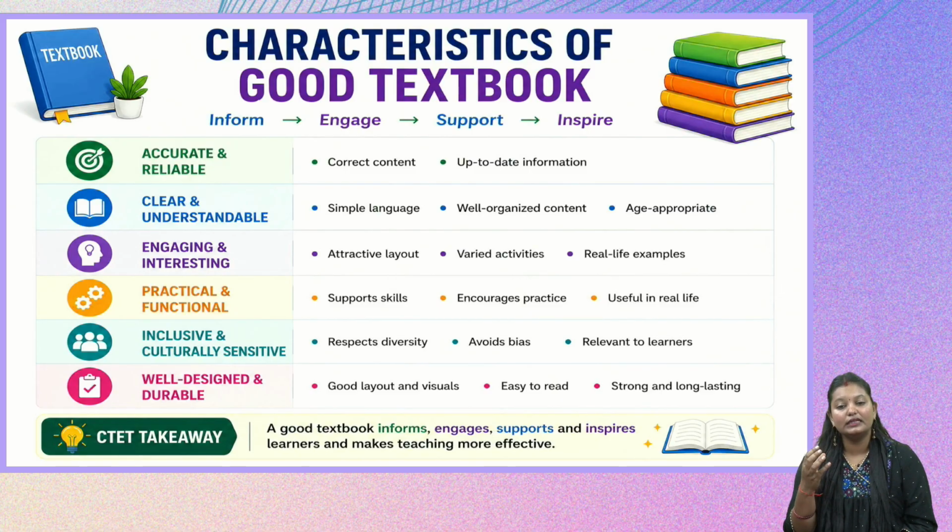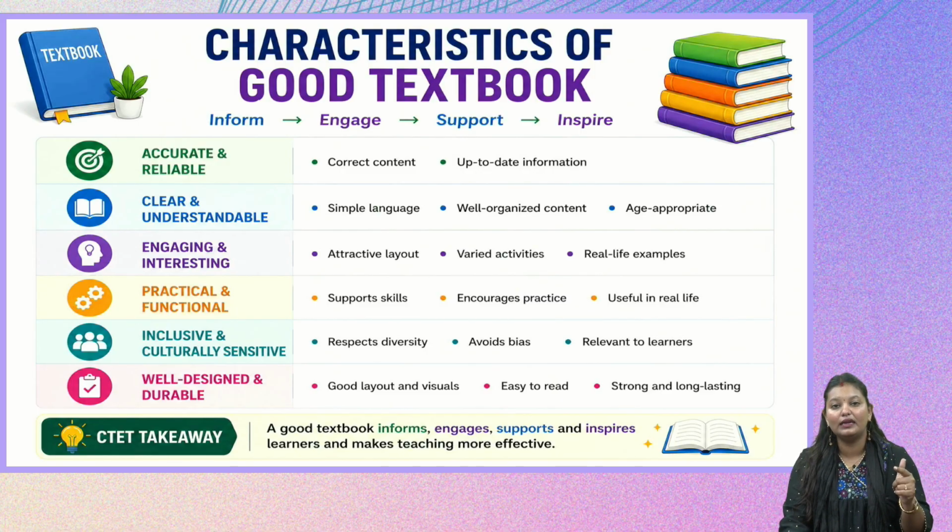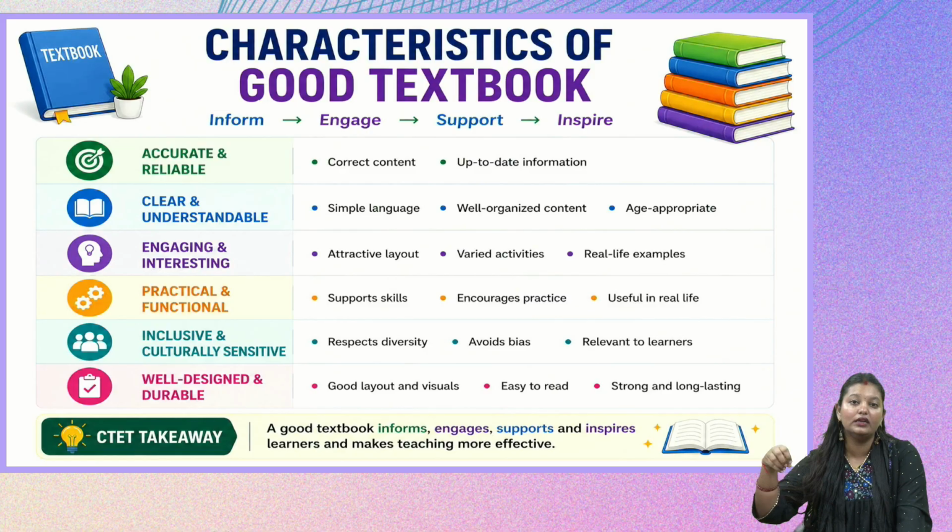So it should be in simple language so the child themselves can understand. It should be well organized content, there should be coherence, it should be developmentally and age appropriate. How a particular concept is learned, at which age it will be appropriate. Based on these principles, we should develop the order in which the difficulty increases in our textbooks for various levels.